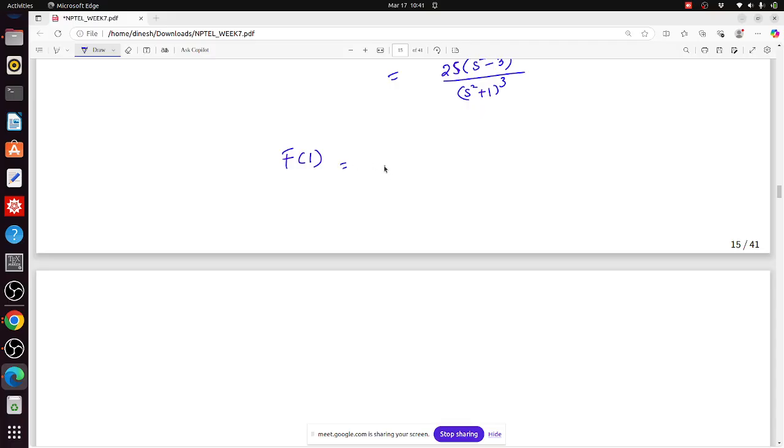After substitution we get F(1) = 1/2. So here option A is correct.